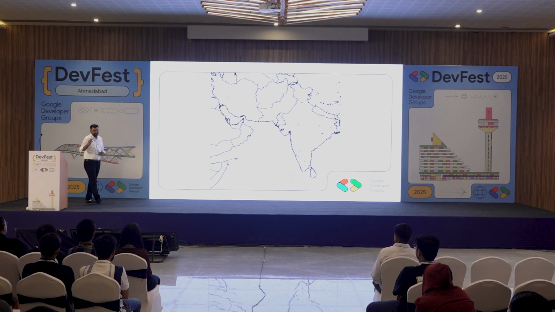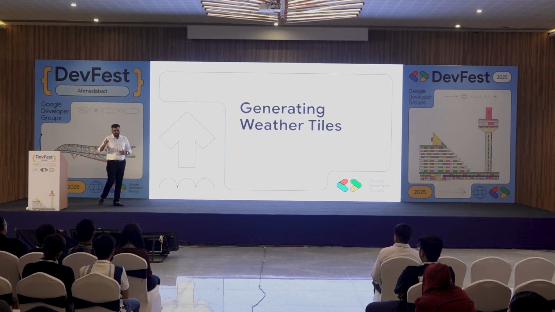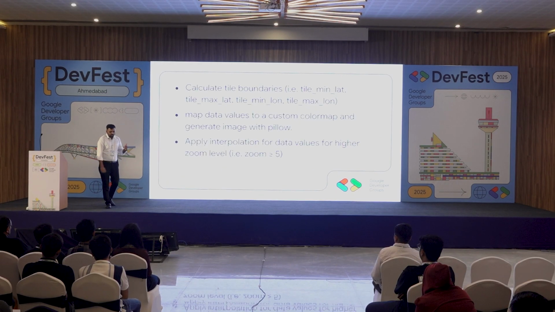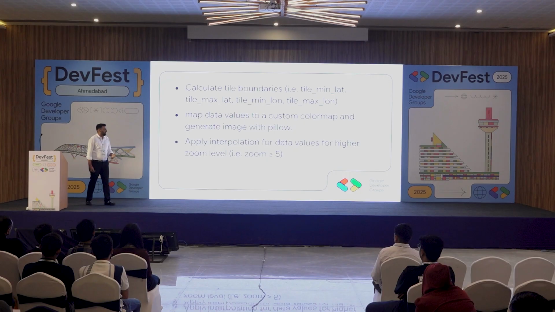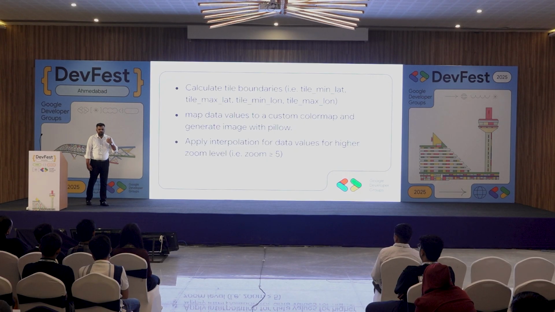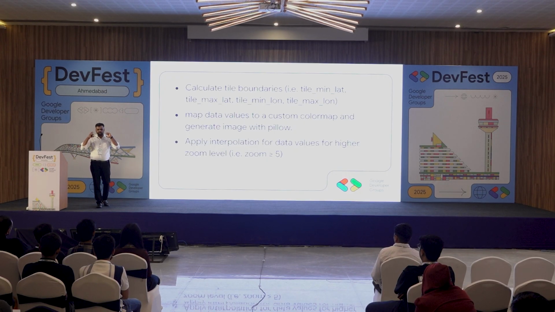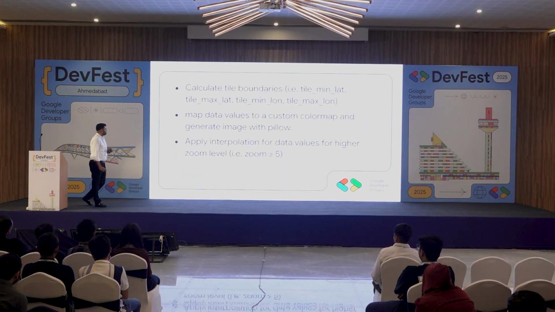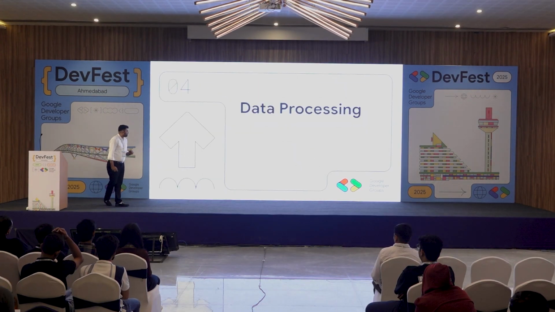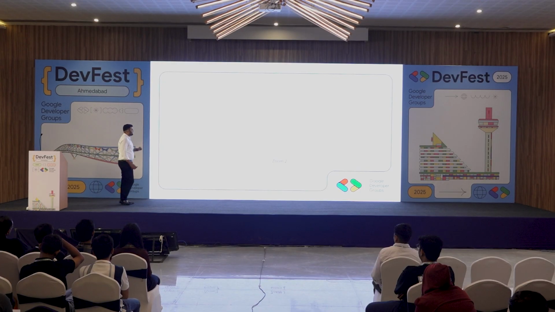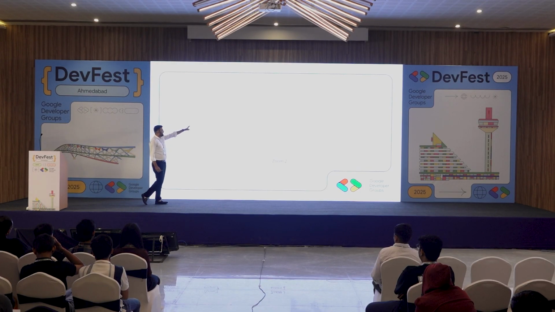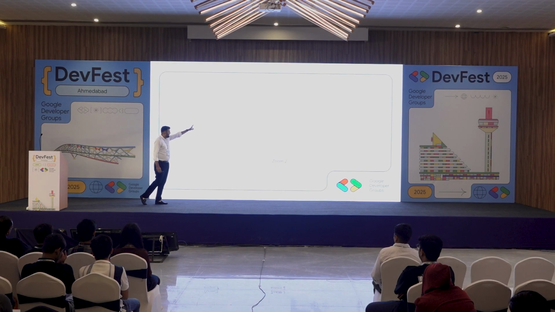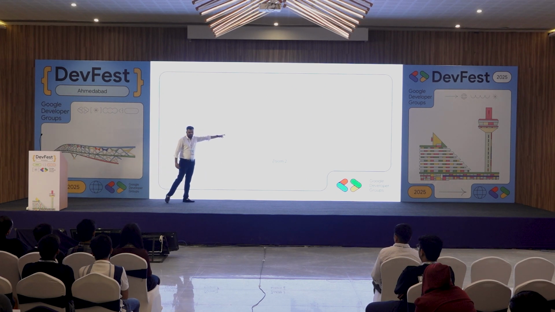Now what we need is a dynamic weather tile for each particular time. To calculate that, we need to know what information we have in a particular tile. Let's consider this one tile. It contains the data from here to here.